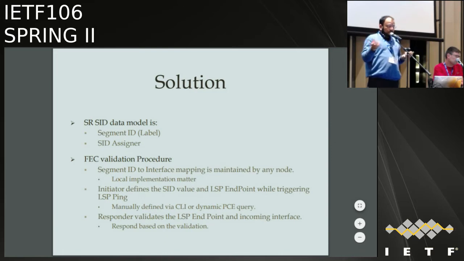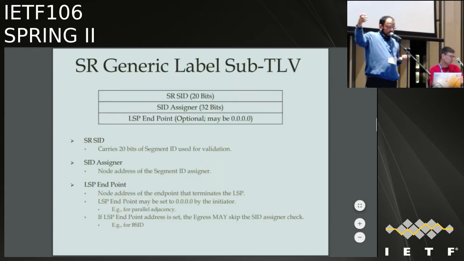The initiator would just put in the data fields that are required, like which is the segment and who is the segment initiator. In many cases, if it can fill in the endpoint address, that could be used directly for validation as well, and it simplifies much more and also covers pinging a binding segment.